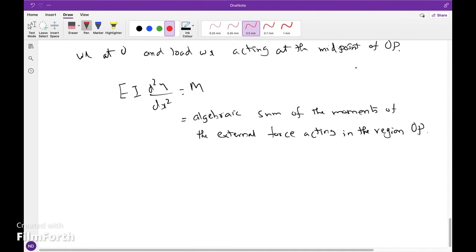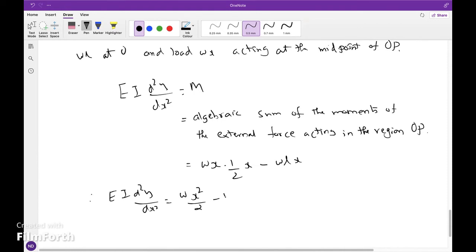So that is equal to the algebraic sum: omega x into 1 by 2 into x, minus the upward direction omega x into L. That is EI d squared y by dx squared equal to omega x squared by 2 minus omega L into x.